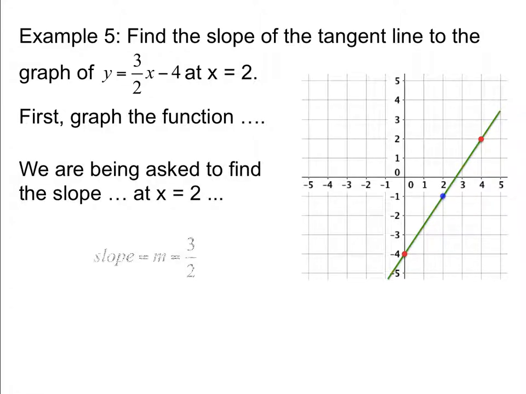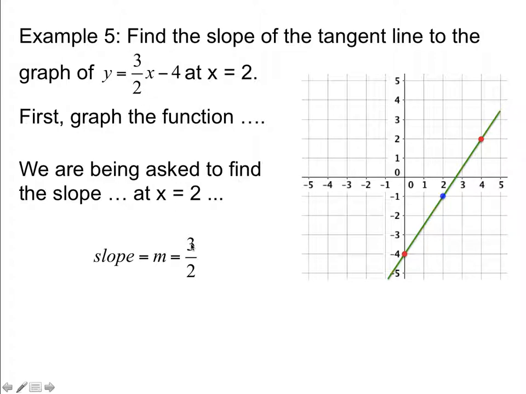Let's think about that. The tangent to this function is actually the line itself. Since we have a function whose slope never changes, we don't need 2 points to find it. We know that its slope at this point in particular is just this value here.